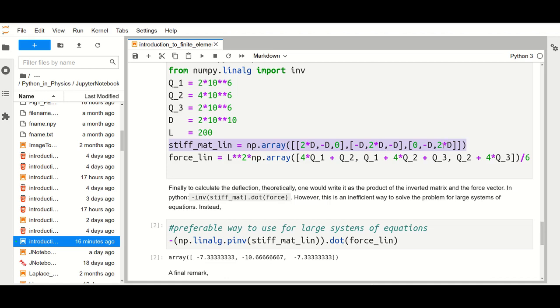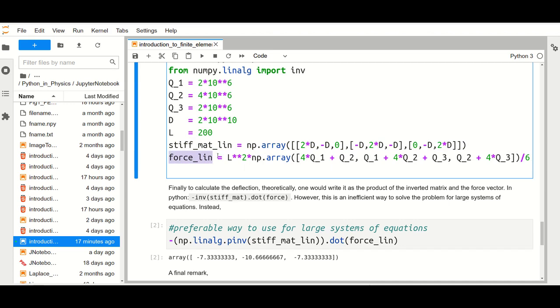Here I have the stiffness matrix, which I have marked, and here we have the force vector defined.